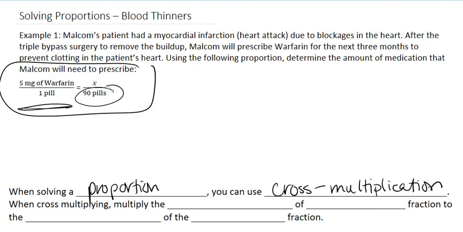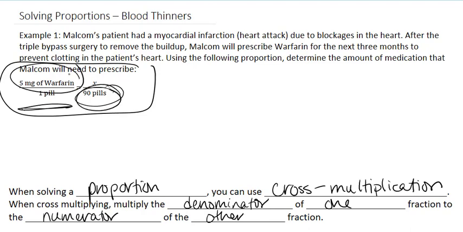When cross multiplying, multiply the denominator of one fraction to the numerator of the other fraction. So therefore, what we would do was we would multiply the 90 times the 5.